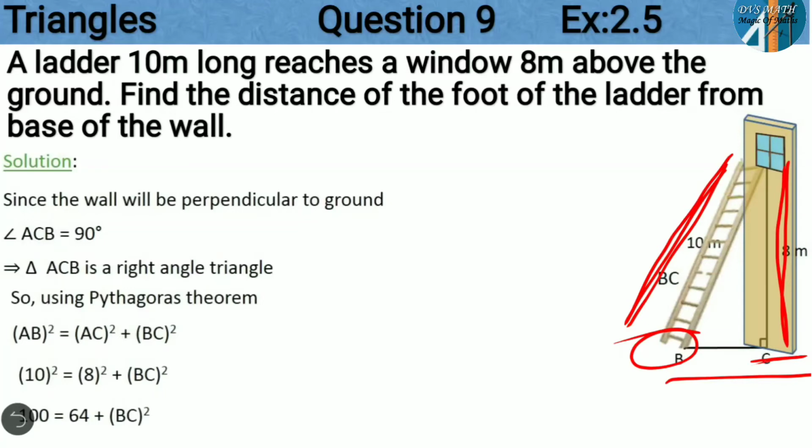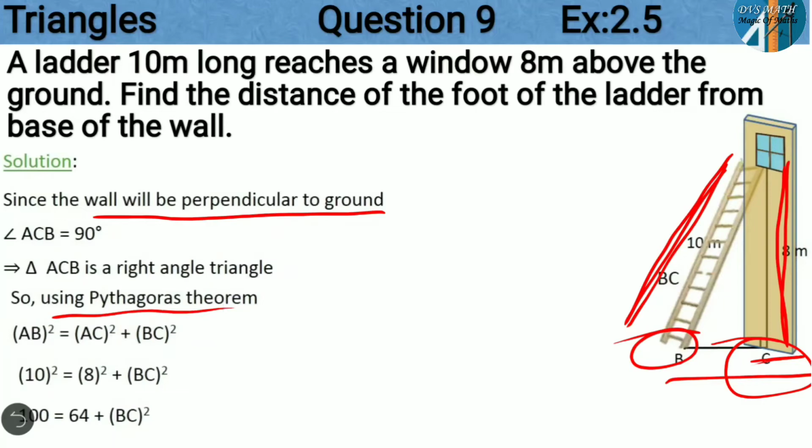Okay, so let's solve. Since the wall is perpendicular to the ground, perpendicular means, as you all know, the angle will be 90 degree. Here angle C is equal to 90 degree. As you all know, these exercise questions we are solving are related to Pythagoras theorem. So here we are applying Pythagoras theorem.